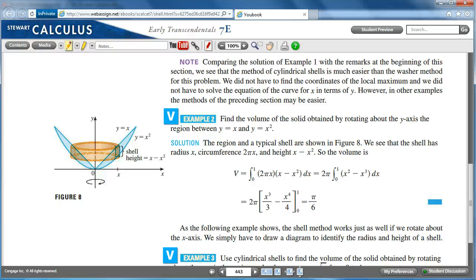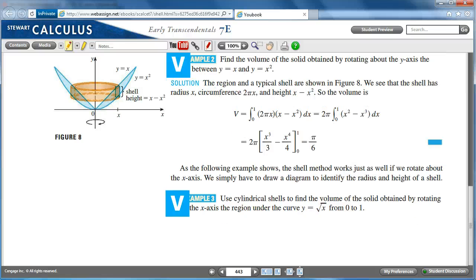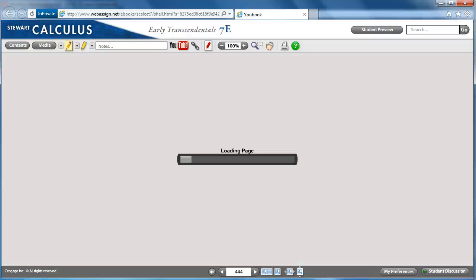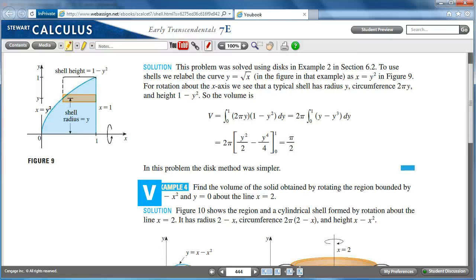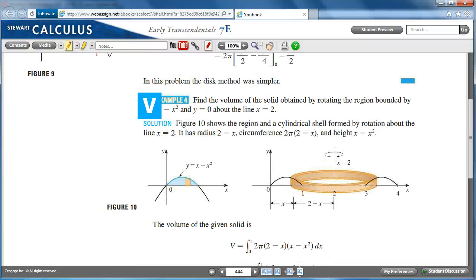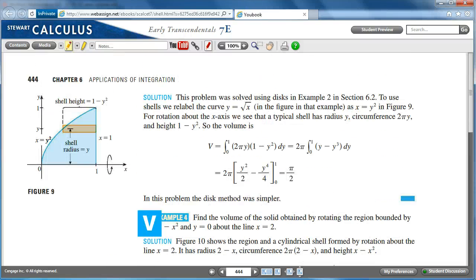So we have to subtract one function from the other. There are other examples here, but the visualization is not that simple. So let's move on to my Mathematica notebook here.